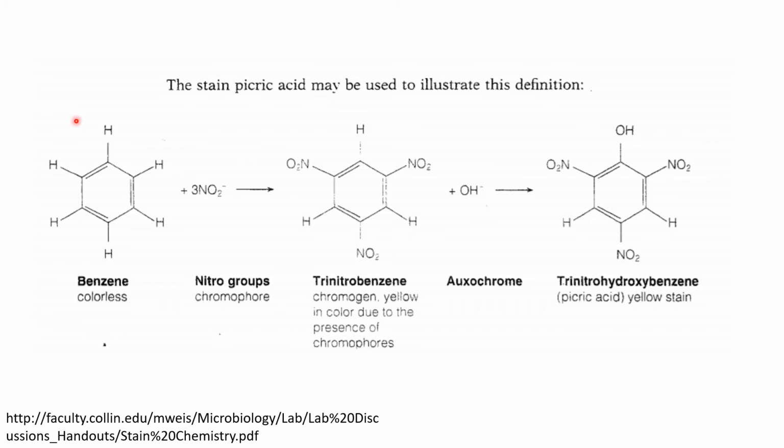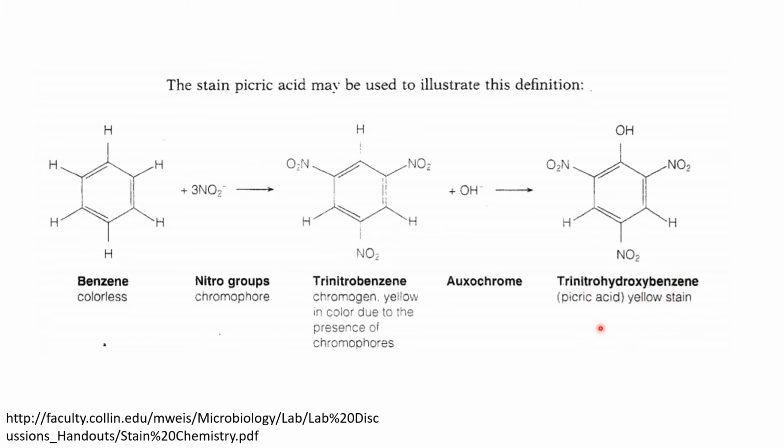Okay, so to make it clear, for example, we have here benzene, and if we add three nitro groups, or the chromophore, we will have trinitrobenzene, which is actually yellow in color. And if we add another oxochrome, hydroxide, we will form trinitrohydroxybenzene, which is a yellow stain.